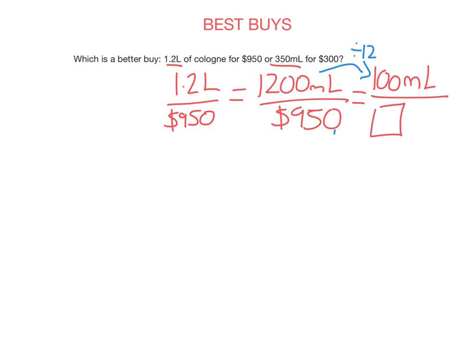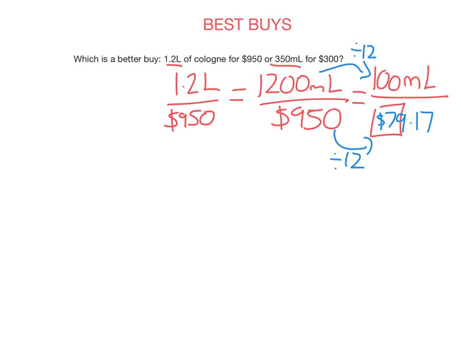So I must also divide the bottom by 12. $950 divided by 12, I get $79. And again, I'm going to round it to 2 decimal places because it's money.